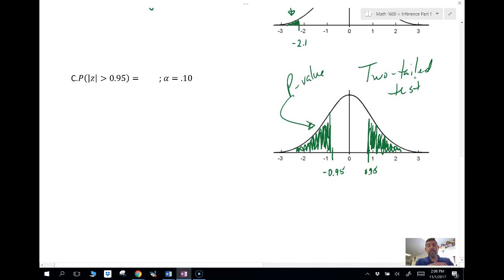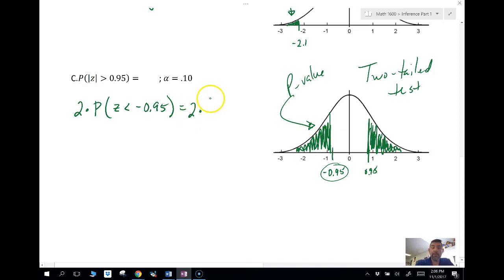These two shaded regions are exactly the same. So I'm just going to find the z less than negative 0.95. Some of you are out there going, now why did I do that? Well, I know that my z table only works in less thans. So it's much easier for me to go to the negative one and just look that up in my z table and multiply that by 2.